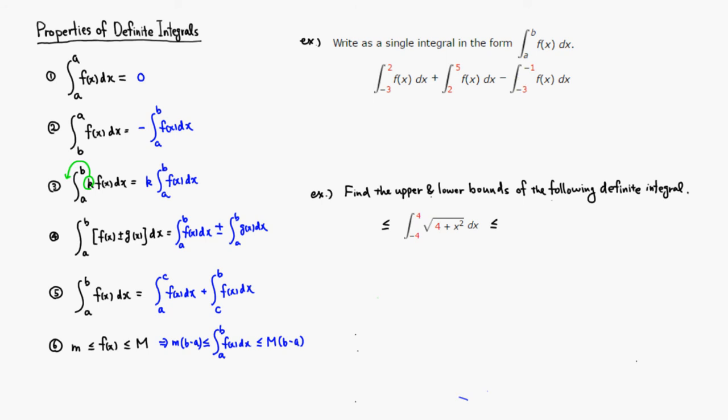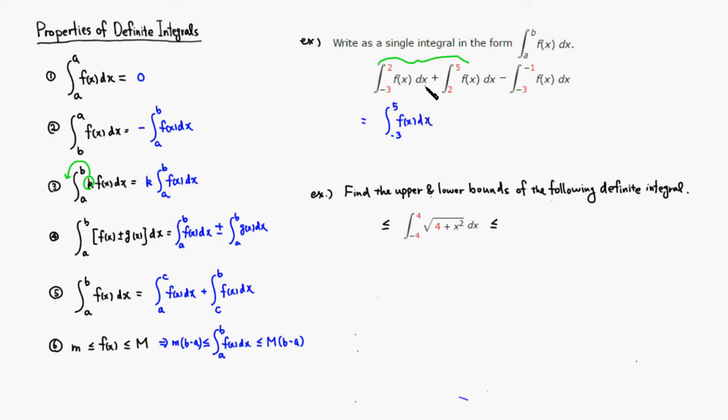First thing I would do is combine these two together, because the integral goes from negative 3 to 2 and starts back up from 2 to 5. So we can consolidate it as an integral from negative 3 to 5 of f of x dx.